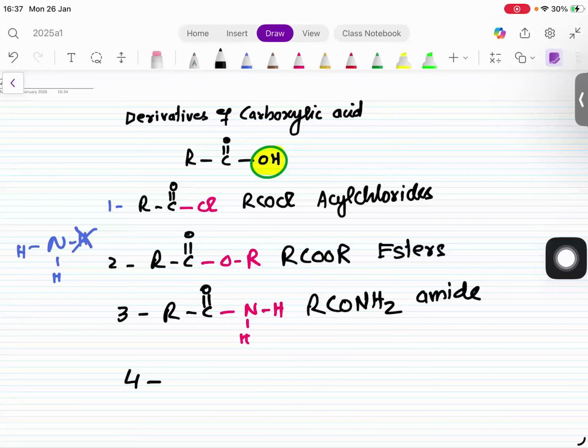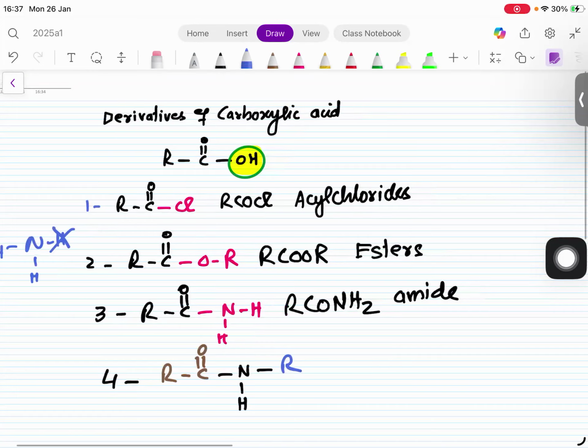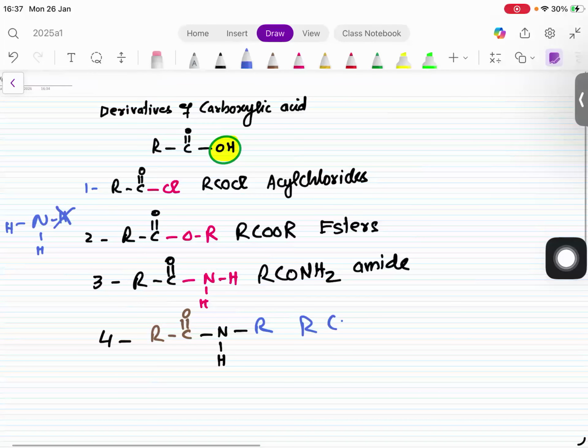And the last one is RCO. In this case, I'm going to replace this hydrogen with another carbon chain like this. So this is RCONHR.